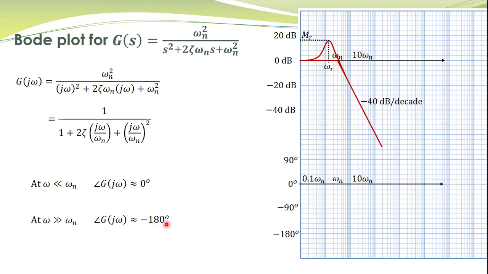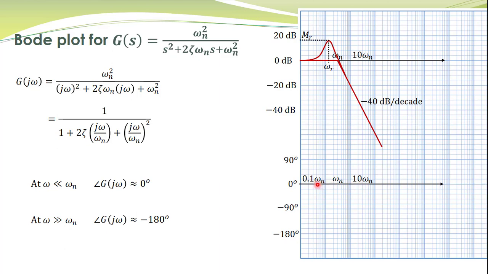How to draw the asymptotic phase frequency response? At very low frequencies, the phase angle is 0. At very high frequencies, the phase angle is minus 180 degrees. So what we do is indicate the corner frequency. We also indicate one decade below the corner frequency and one decade after the corner frequency for the phase plot.